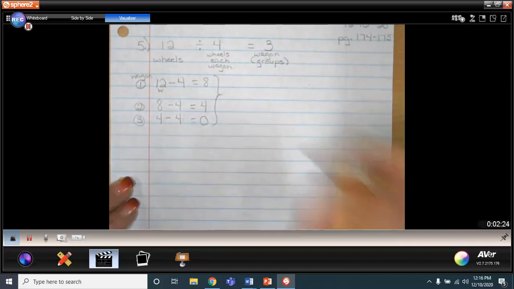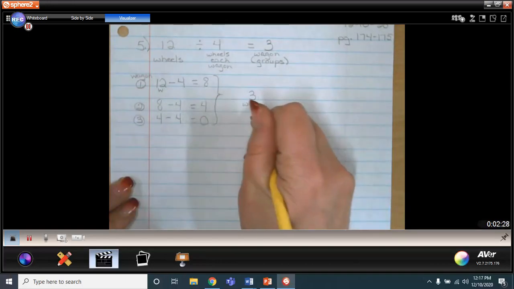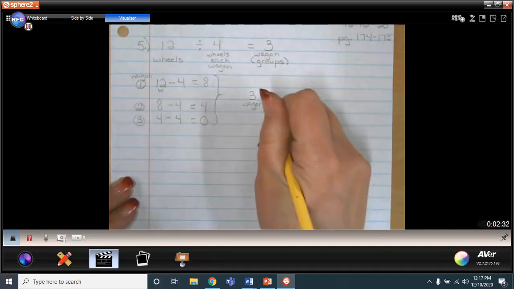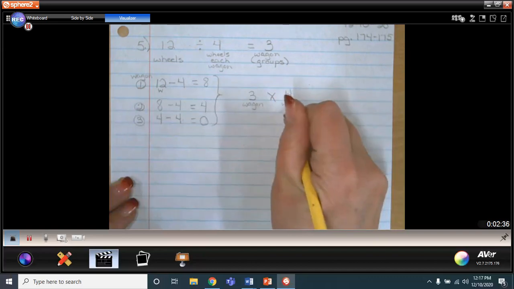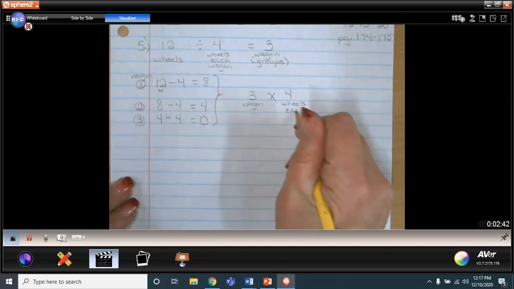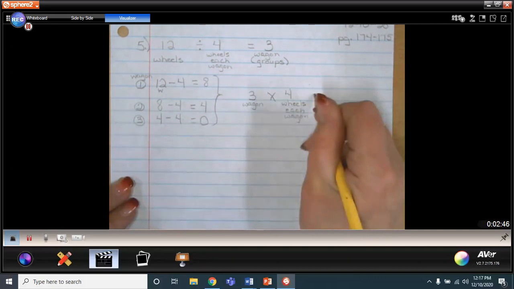Now, to check with multiplication, I have my 3 wagons, which are my groups, which is right here. I'm going to take my 4 wheels for each wagon. Those are my number of objects for each group, each wagon, and I will have my total.